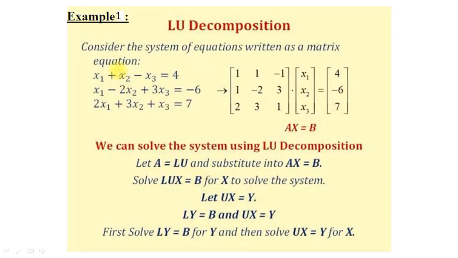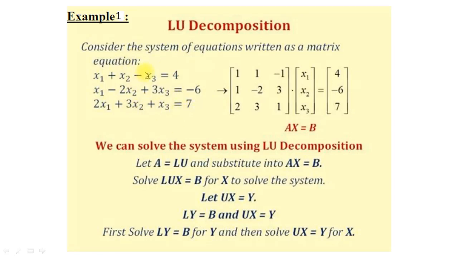Now, for example, we have a system of three equations and three unknowns: x1 + x2 - x3 = 4, x1 - 2x2 + 3x3 = -6, and 2x1 + 3x2 + x3 = 7.